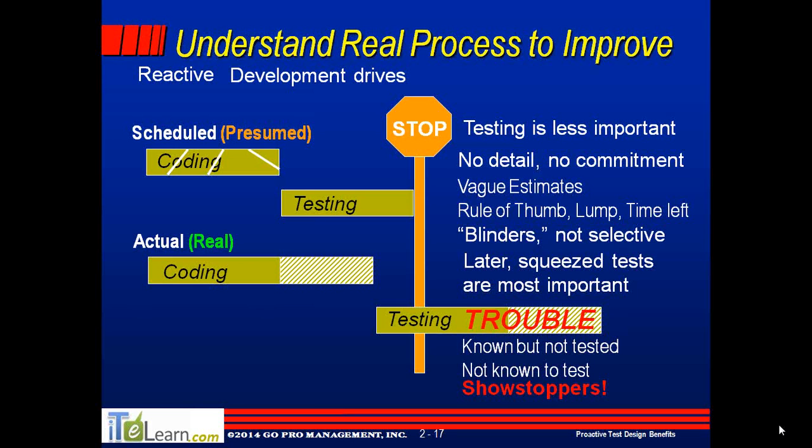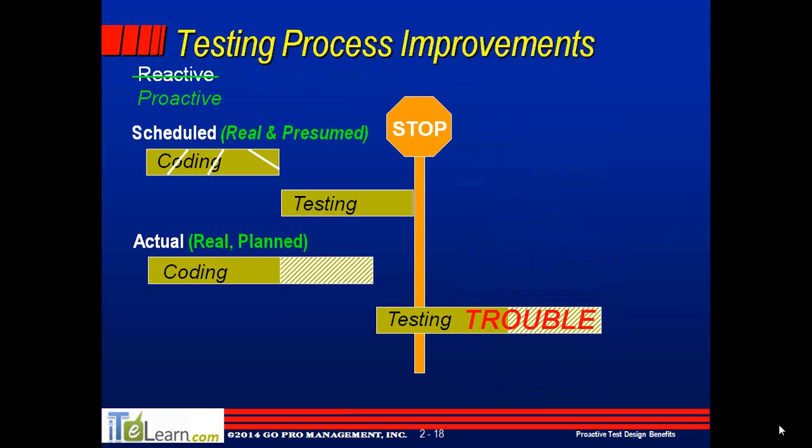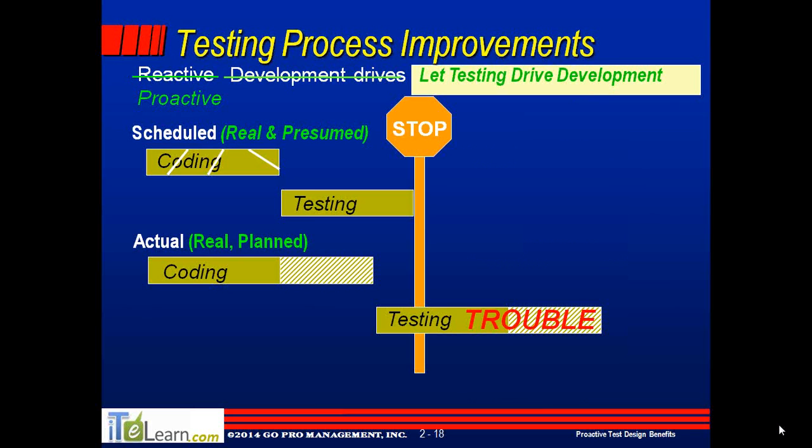Showstoppers, big bad problems, are primarily due to things that we don't know about, because if we knew about them, we would test them. Now, when we get proactive, we do things differently. We start anticipating, and we're going to let testing drive development. Now, this is not a political distinction. This is a knowledge distinction.